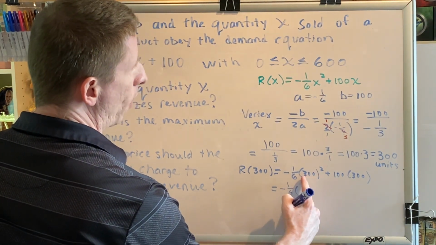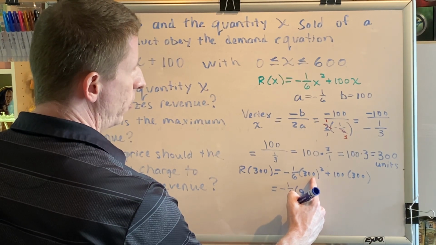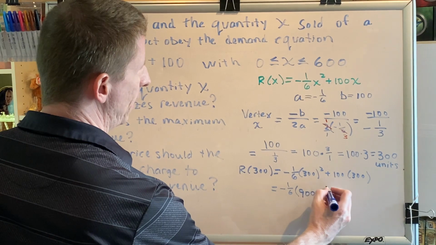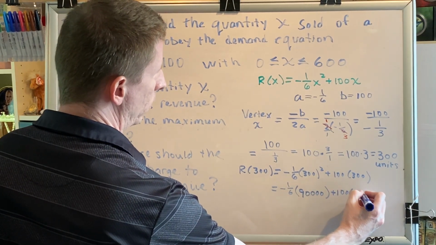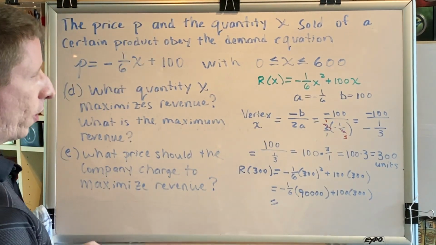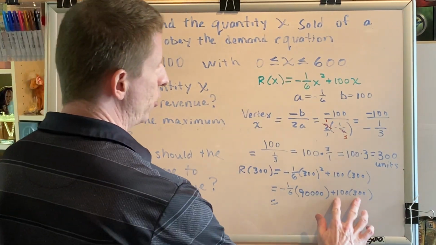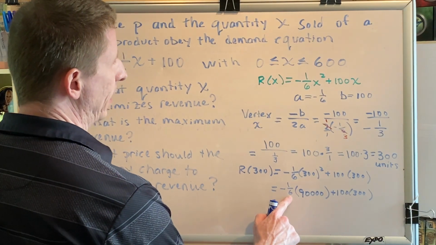So negative 1/6 times 300 squared. Ignoring the zeros for a moment, 3 squared is 9. And then you've got 2 zeros, and then another 2 zeros because you're squaring it. So that'll be 90,000. Now we'll do the multiplication. I need to do negative 1/6 times 90,000, and I need to do 100 times 300. The 6 is in the denominator, so that's dividing.